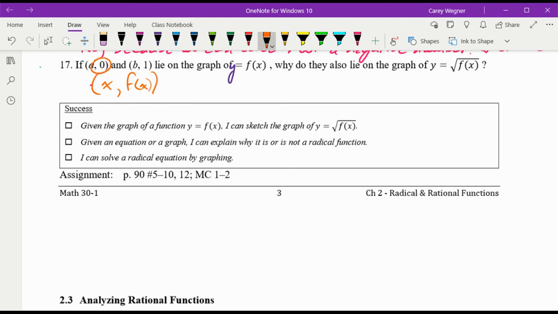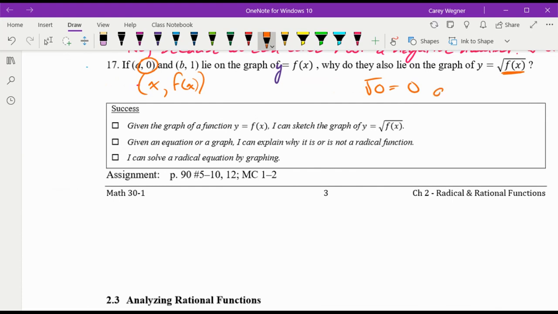So as I look at 0 here, the square root of 0 is still equal to 0. So if I have the point a comma f of a, and my original point was actually a comma 0, when I look at a comma square root of 0, I get exactly the same point.